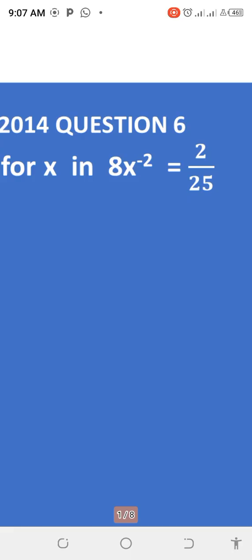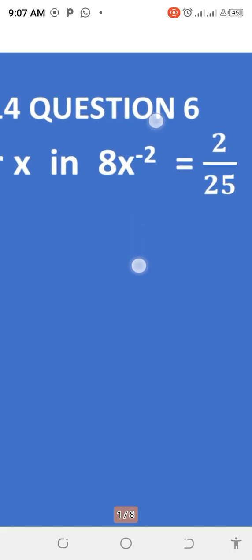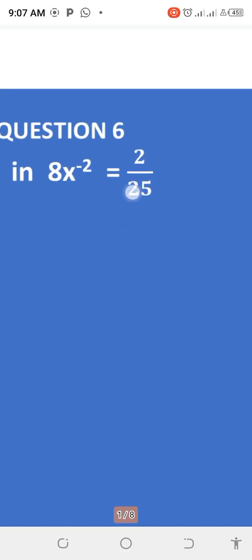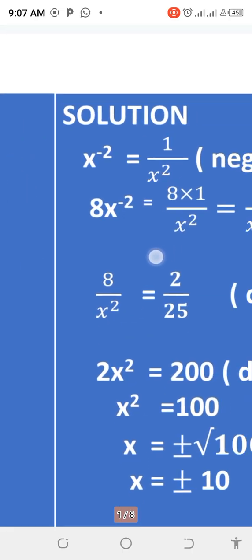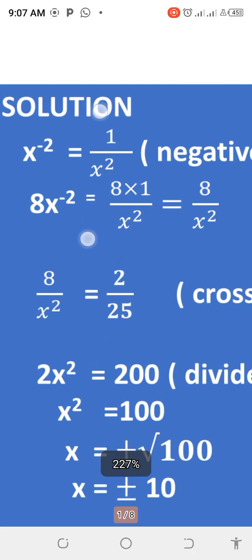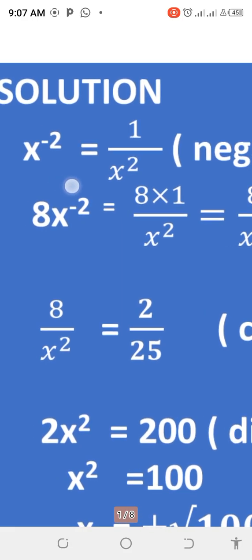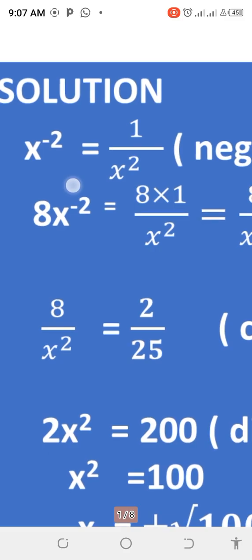First of all, simplify this 8x raised to power negative 2. So let's go for the solution now. This is the solution. x raised to power negative 2 is the same thing as the reciprocal of x raised to power 2, which is 1 over x raised to power 2.